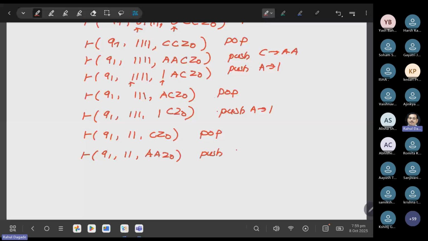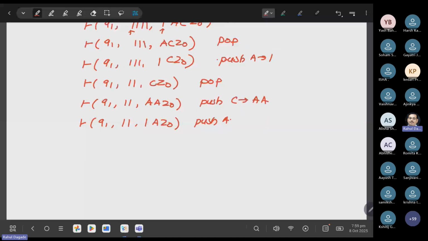Push A gives 1. Then this 1 is matching with this one, so consume it, 1A Z0. So it is pop operation.